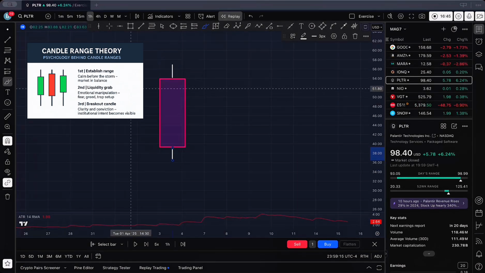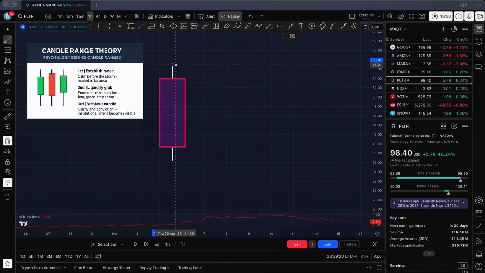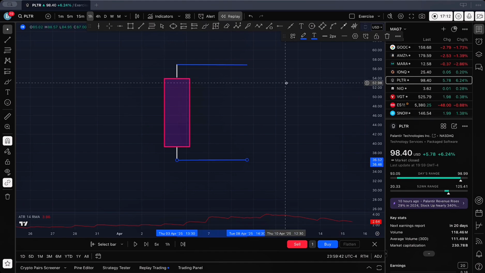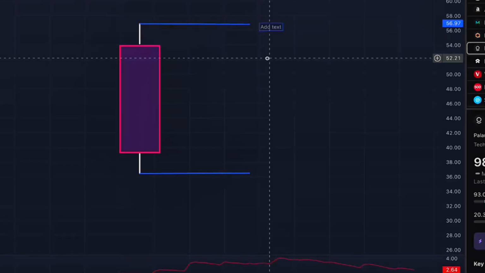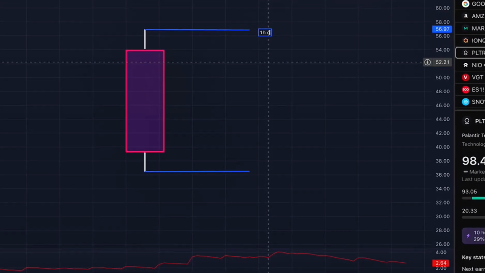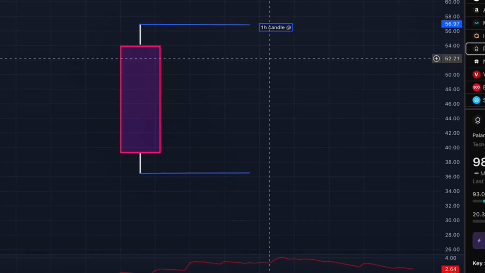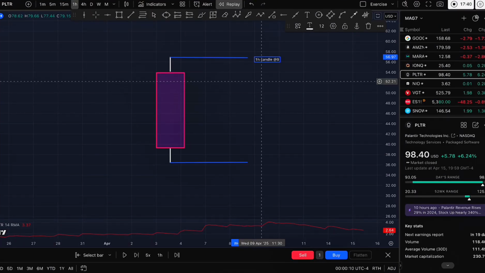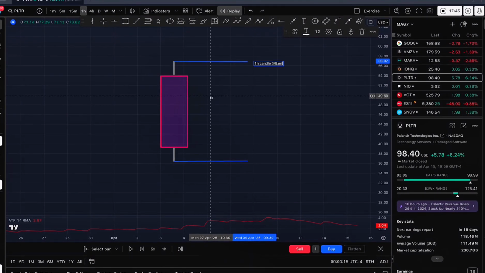Okay, so we come here, let's say this is our candle range high. And we have the low here, the candle range low. Write this one here, like let's say it's a 1 hour candle. We can specify the timing at, let's say, 9 a.m. sharp.